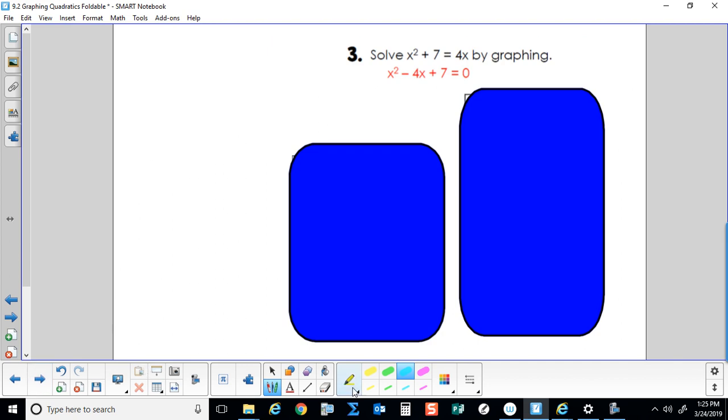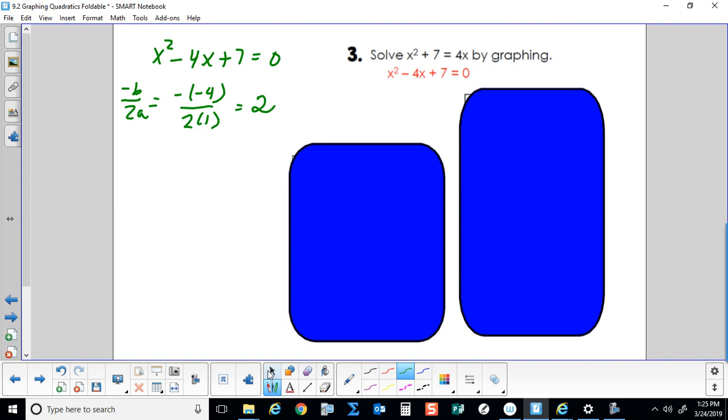And our final example is not written in standard form, so we rewrite it in standard form. X squared minus 4x plus 7 equals 0. And then let's find our line of symmetry. Negative b over 2a is negative negative 4 over 2 times 1, which is 4 over 2, which is 2.